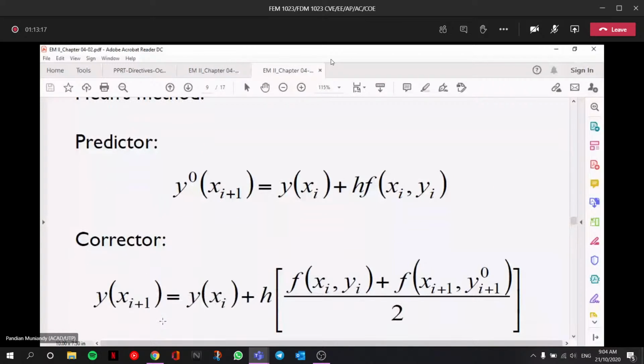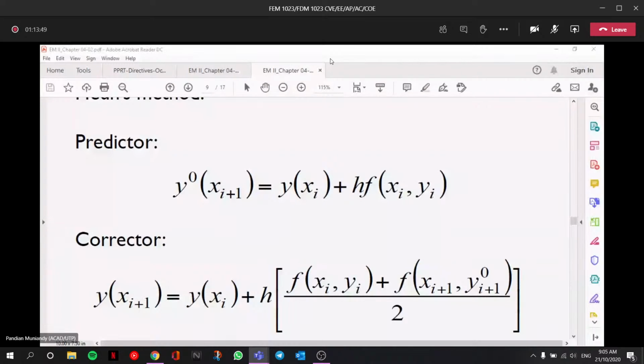So your dy/dx is x root y. That is your f(x,y). Write down: y superscript 0 at x1 is y(x0) plus h f(x0, y0). So y superscript 0 at x1 is y1 plus 0.1 f(1,1).